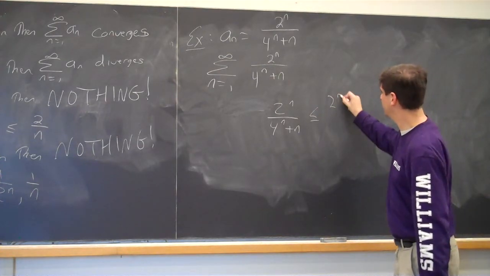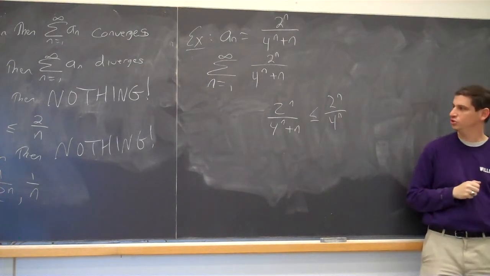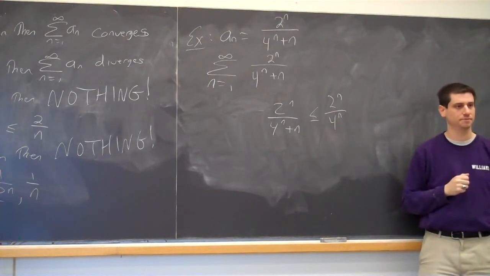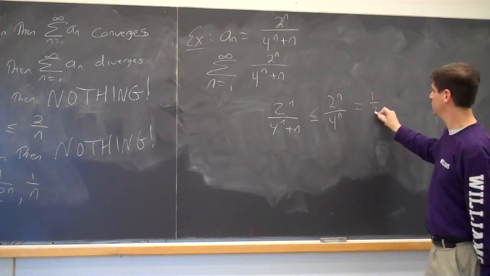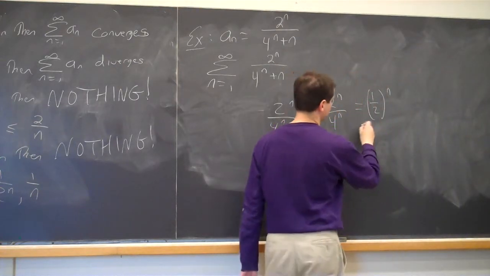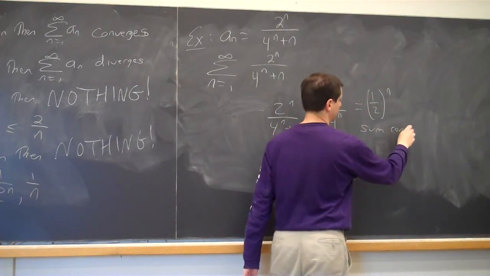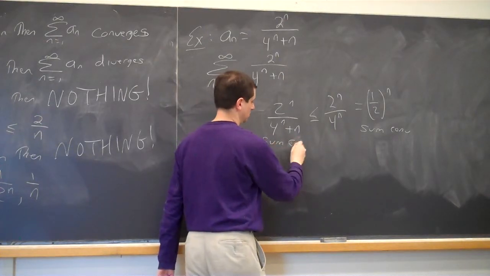So the natural comparison is to basically say, ignore this plus n. And then this is the same as 1 over 2 to the n. So this sum converges.